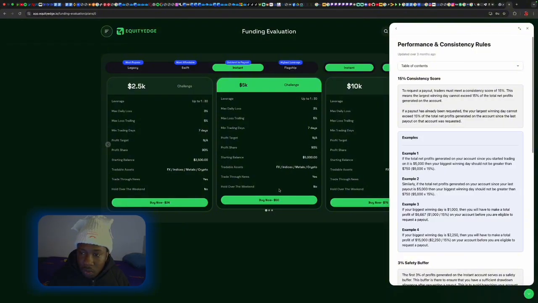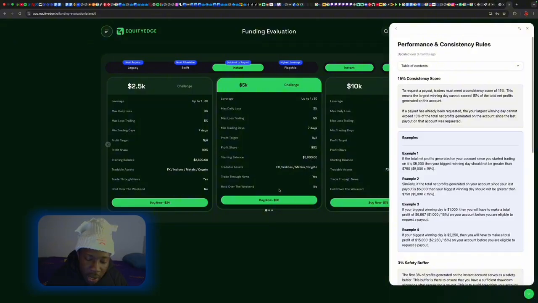by the 15% consistency score. So if I made 500, I need to reduce my best winning day to 300.